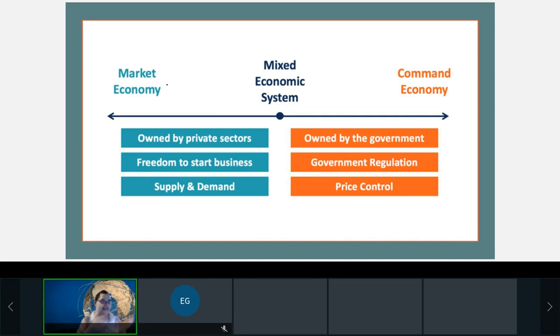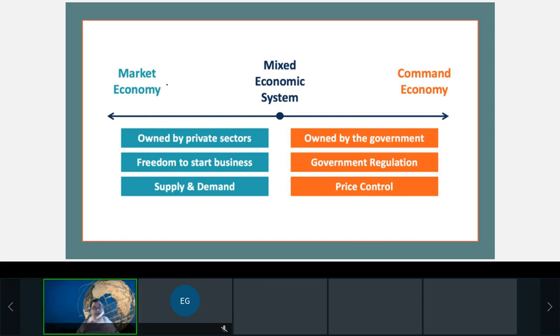In the United States and in most countries, what do we have? We have more of a market economy, yes, but do we have a truly market economy? Does the government stay out of pricing on everything? Does the government deregulate everything? Of course not.